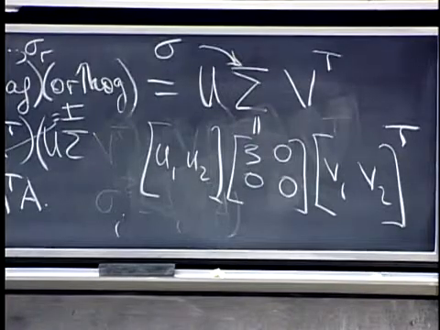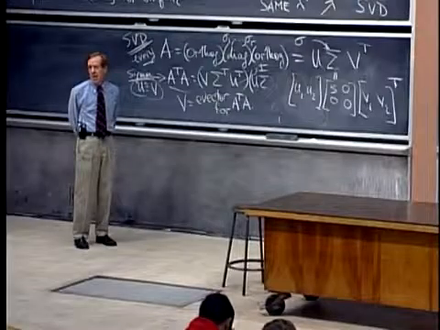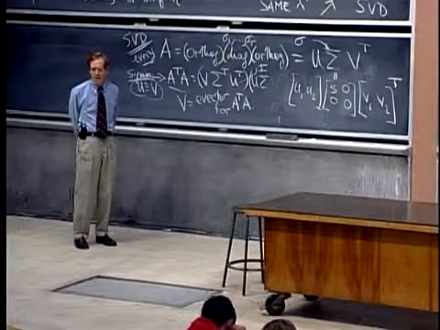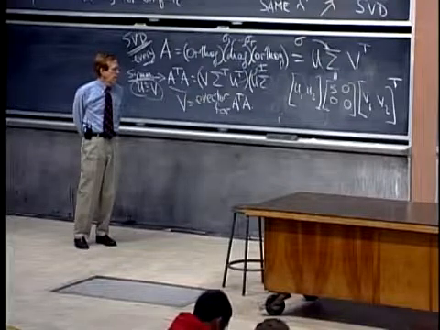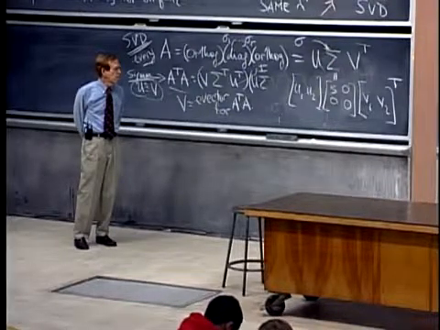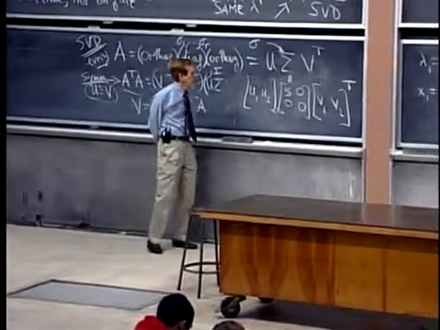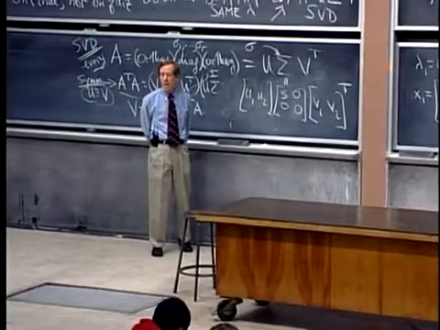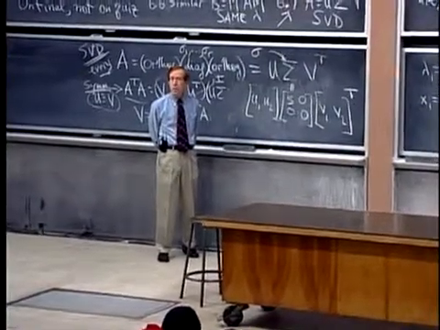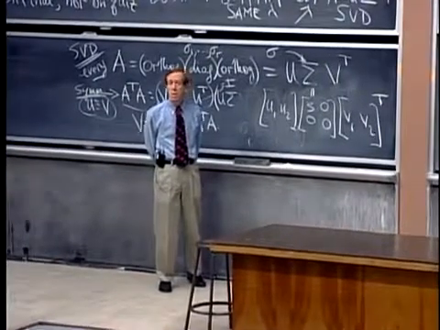Okay, so let me ask you about that one. What can you tell me about that matrix? It's singular, right? It's got a singular matrix there in the middle. Maybe you can tell me its rank. What's the rank of A? It's clearly, somebody just say it, 1, thanks.